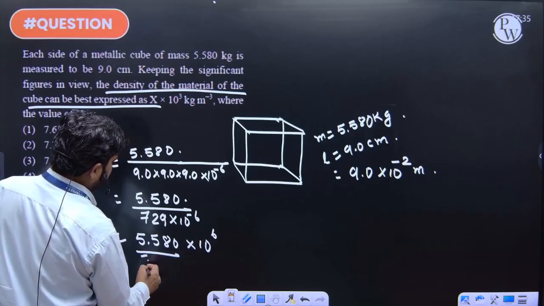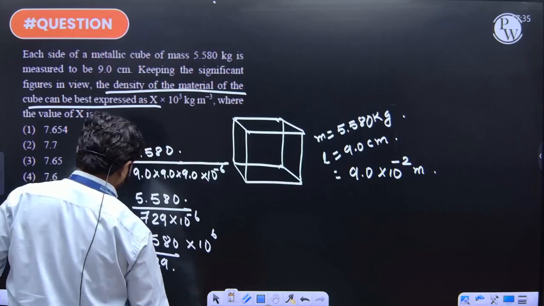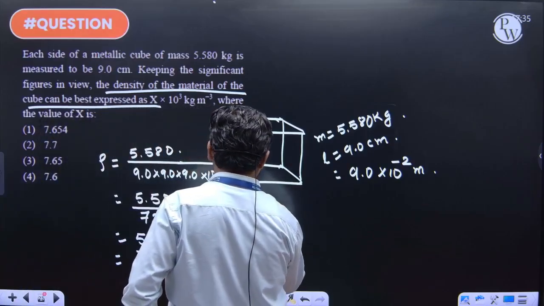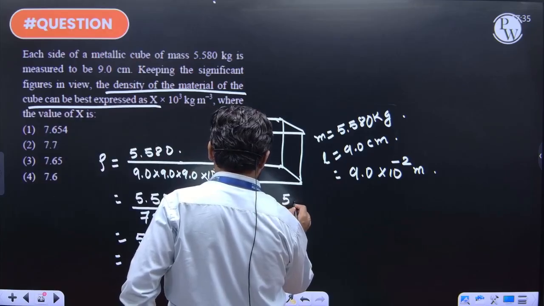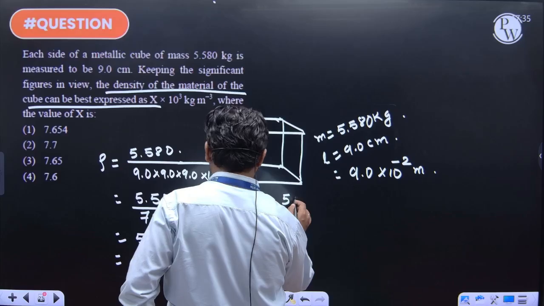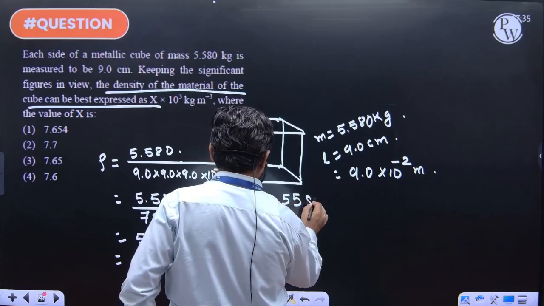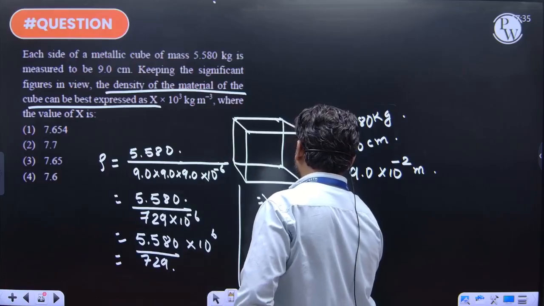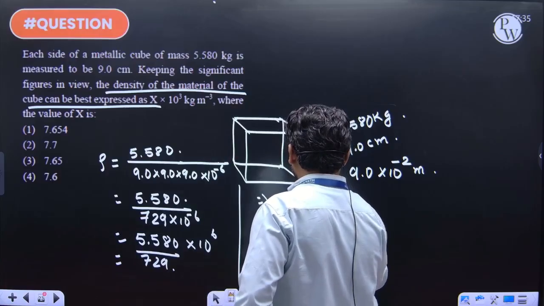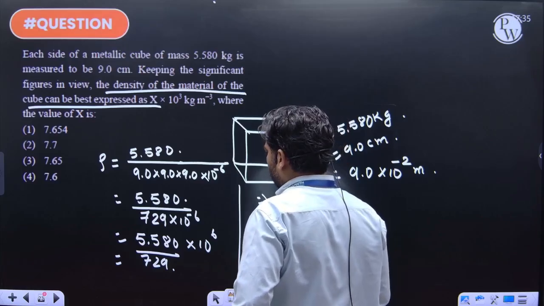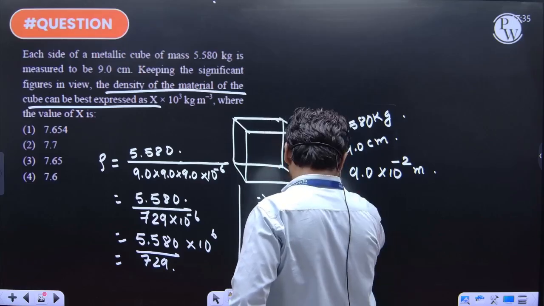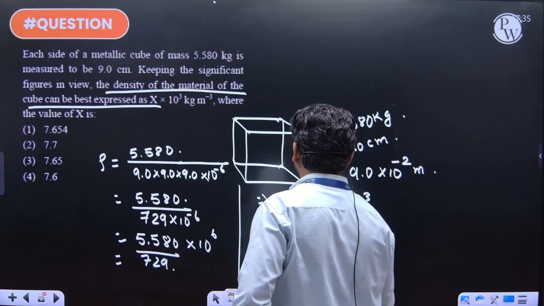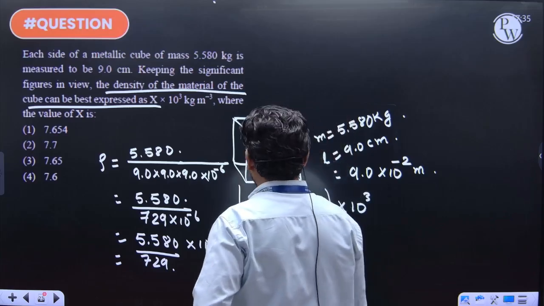Divided by 729. Okay, so this one we can write it as 5580 divided by 729 into 10 to the power 3. So here it is 3, right?